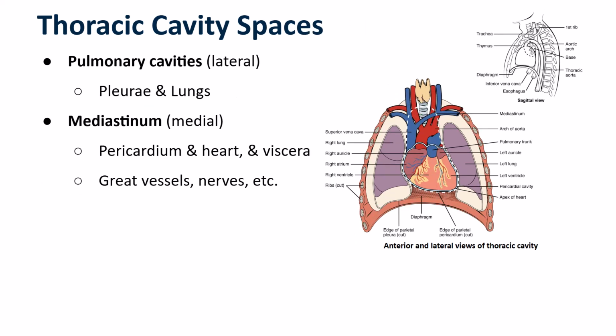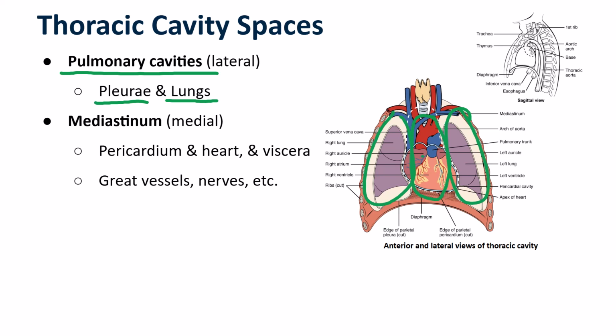When we think of the thoracic cavity, we can subdivide it into three spaces. Laterally, on each side, there are pulmonary cavities, which contain the lungs. These pulmonary cavities are lined by serous membranes called pleurae. The lungs also have visceral pleura on them, as we'll discuss later. Central to the lungs, or I should say medial, but also a little posterior and a little anterior, depending on your perspective, is the mediastinum.